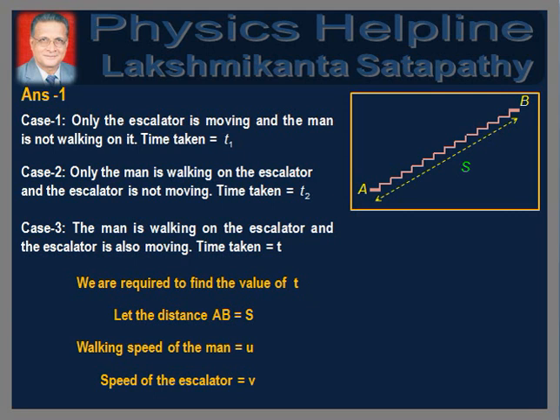Let the distance AB be equal to s. Let the walking speed of the man be equal to u and speed of the escalator be equal to v. Therefore, when the man walks up the moving escalator, his speed relative to the ground is equal to u plus v.